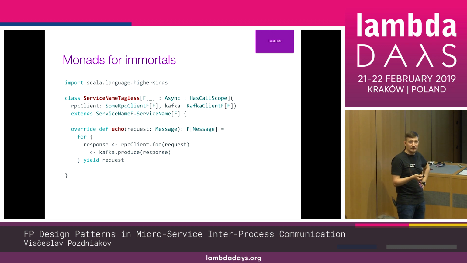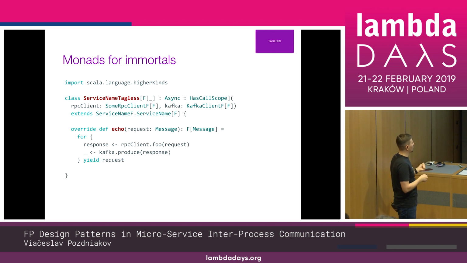The only difference from call scope services here, well, it's not the only difference, there are a lot of differences, is that instead of future, you return some F. And this F has some constraints. It must support some asynchronicity, whatever it means, and it should contain a call scope.